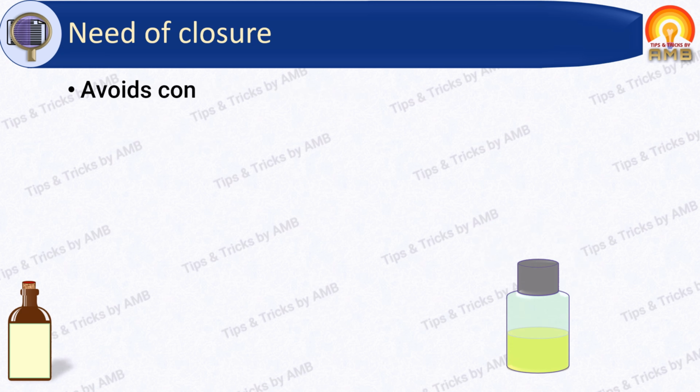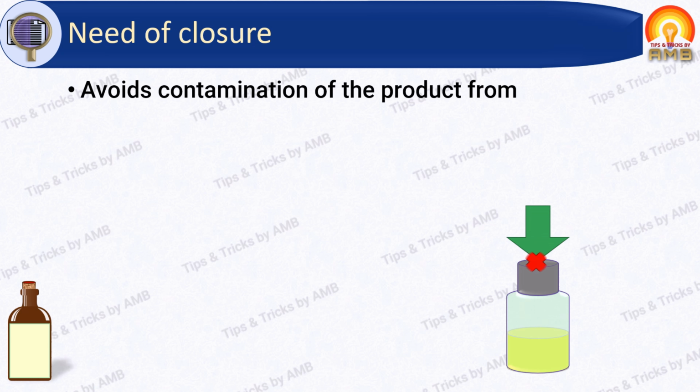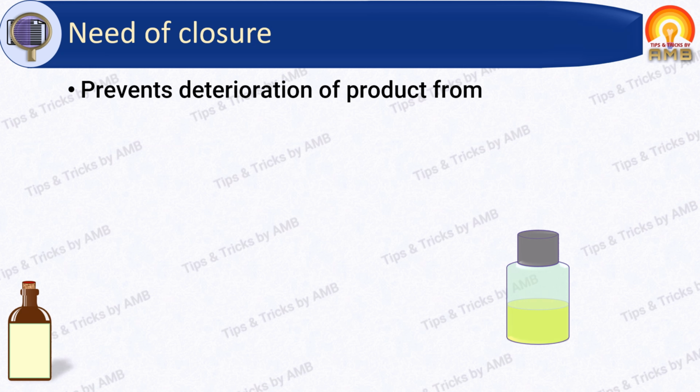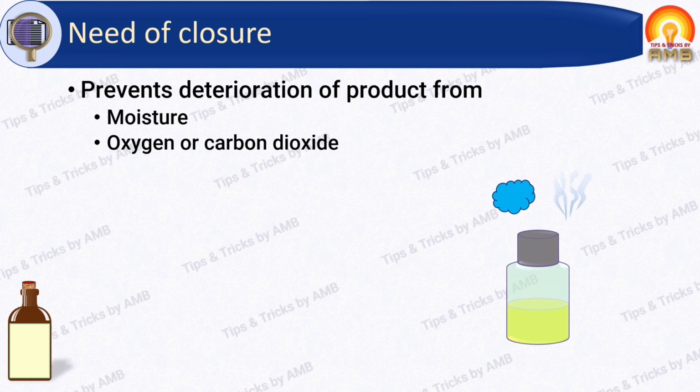It also avoids contamination of the product from dirt, microorganisms or insects. So it is needed to maintain the quality of the product. It also prevents the deterioration of the products from moisture, oxygen, air, or carbon dioxide. Thus, it is needed to prevent the degradation of the product.